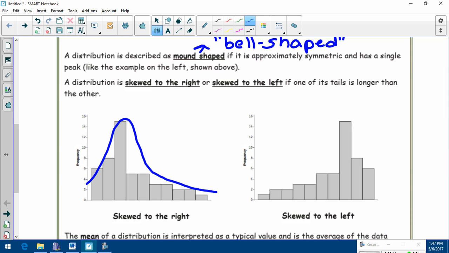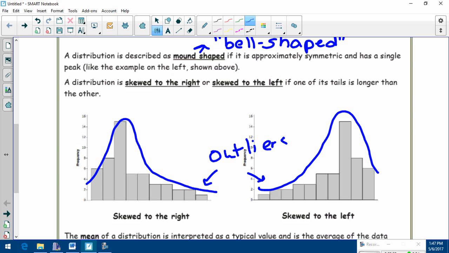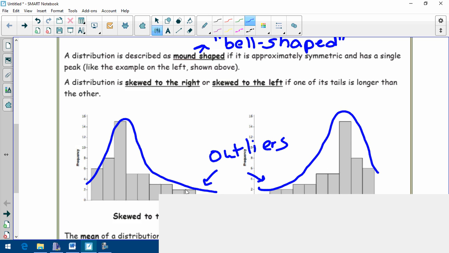And on the other side of that, this is called skewed to the left. Most of the data is over here on the right. There's a little bit of info on the left that skews it out. These are called outliers, some extremely high or low data values that are pulling everything, in this case, to the right, or to the left.